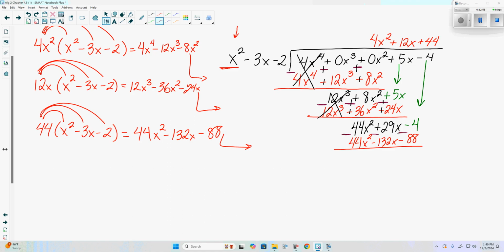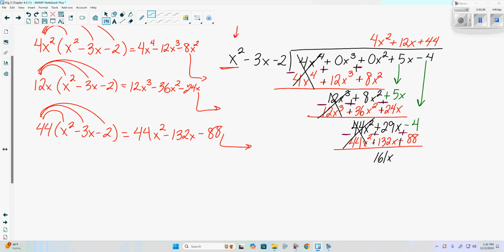And again, we're going to subtract. 44x squared minus 44x squared. 44 minus 44 is indeed 0. 29x minus negative 132x. Negative negative makes a positive, giving us 161x.